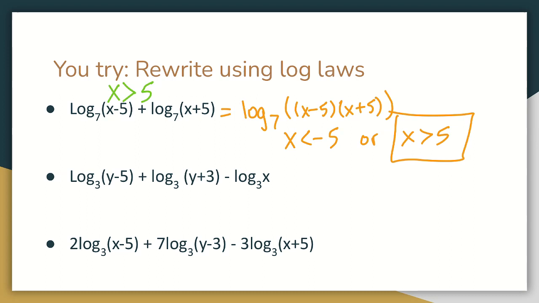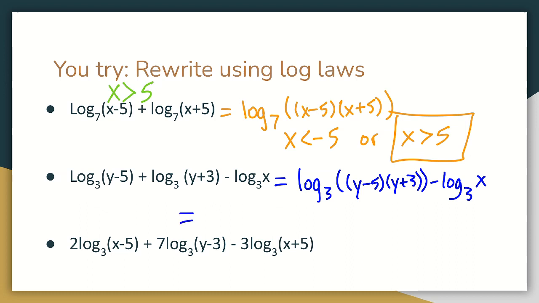Okay. So rewriting this, we have log base 3 of the quantity y minus 5 times the quantity y plus 3, and then minus log base 3 of x.